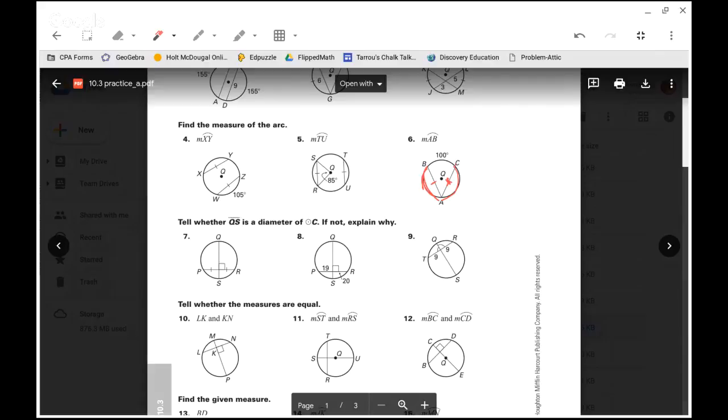So if we know the whole thing is 360, and we can take that 100 out of the equation because we know that's up there, that leaves us with 260, right? Now, these two arcs make up that 260, and we know that they're congruent with each other, so we can just divide by 2.